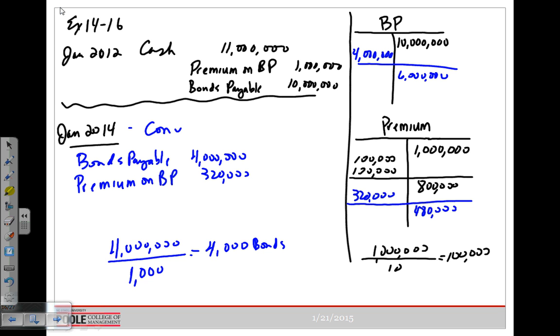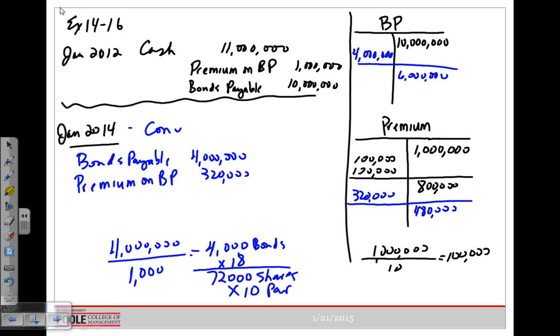18 shares. And so that's going to result in 4,000 times 18, 72,000 shares of common stock. And remember that each share has a par value of $10.